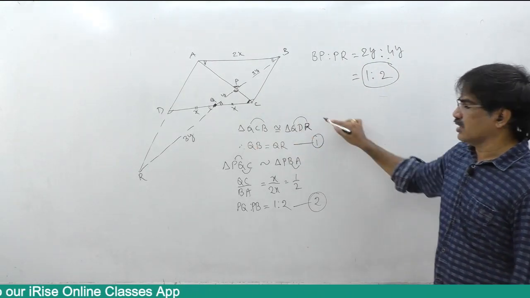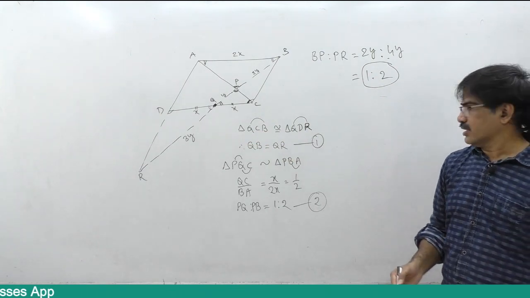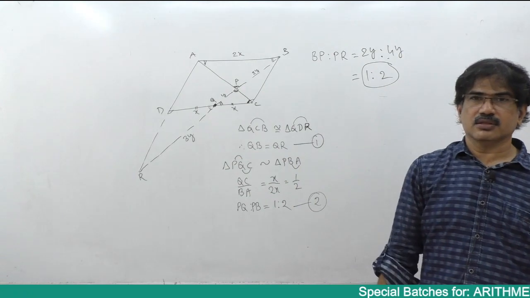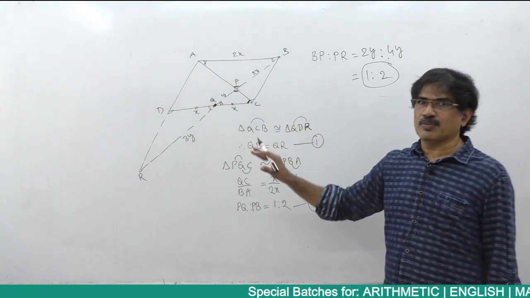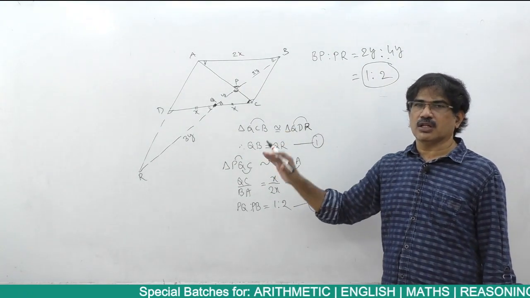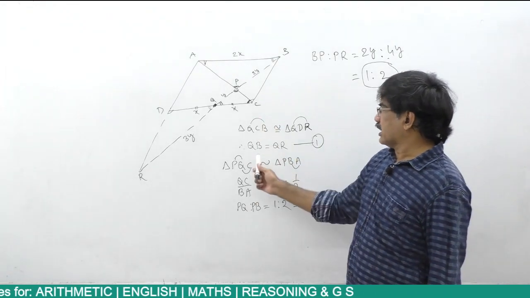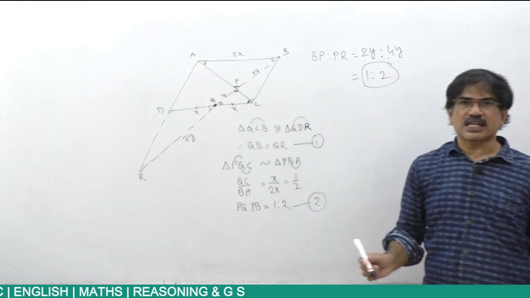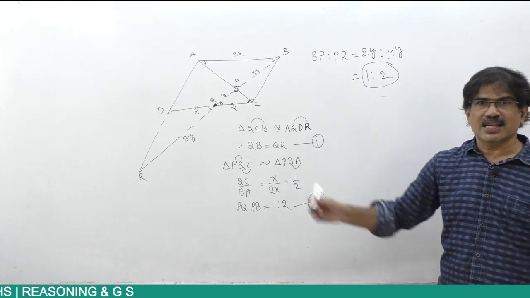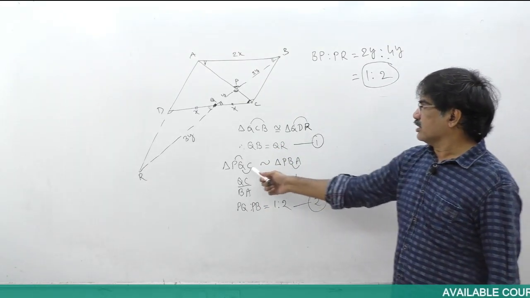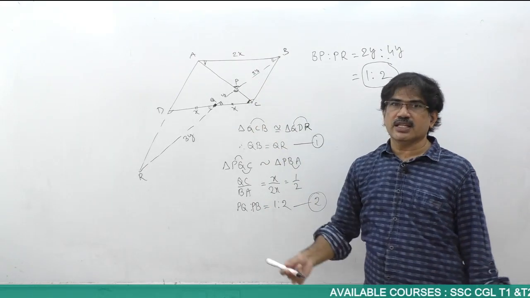One concept is related to congruency of triangles. The other concept is related to similar triangles. So if you know the properties, you can solve this type of question. These two triangles are congruent by the side angle side or angle side angle property, and the other is the AAA property.